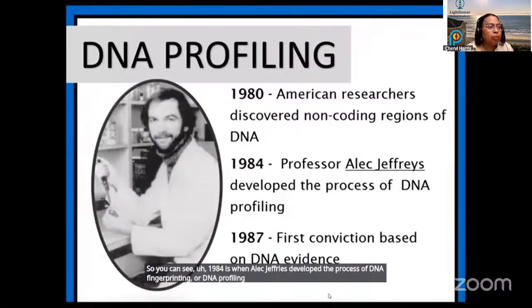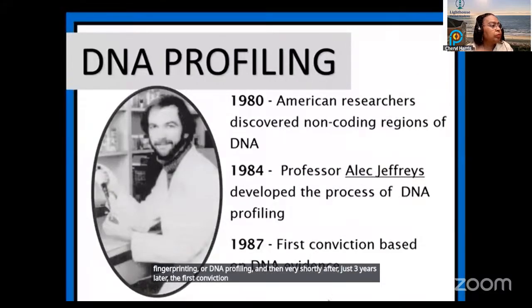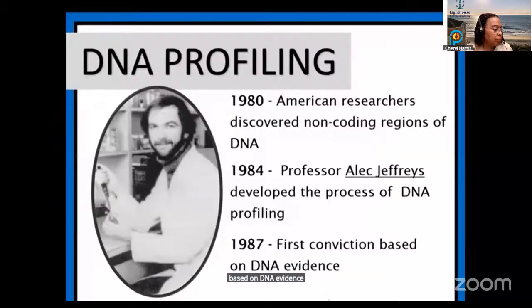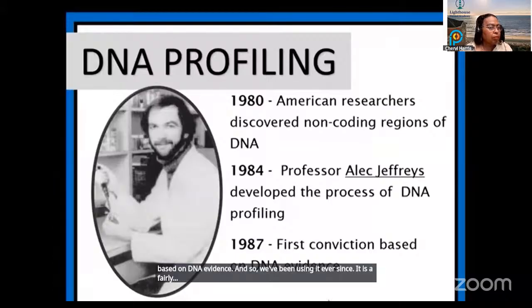And then very shortly after, just 3 years later, the first conviction happened based on DNA evidence. And so we've been using it ever since. It is a fairly new technology with regards to time as a whole, but has been quite instrumental in forensics.